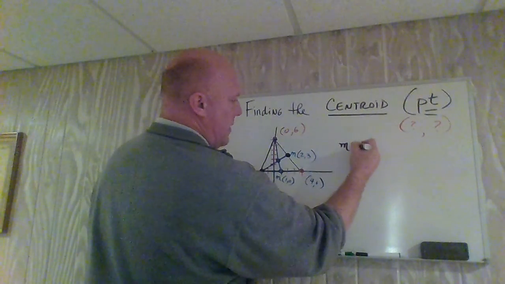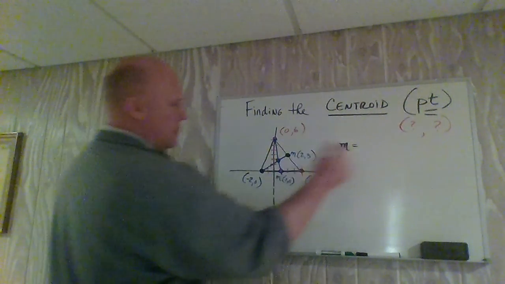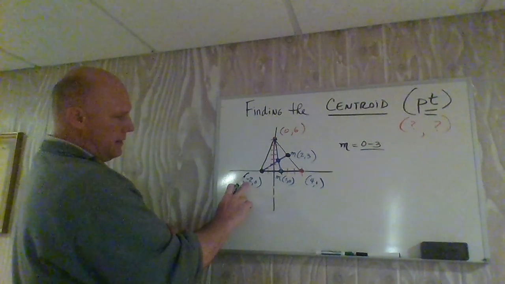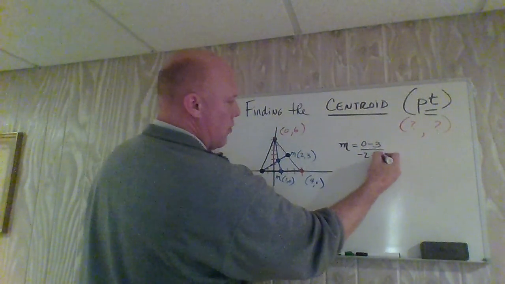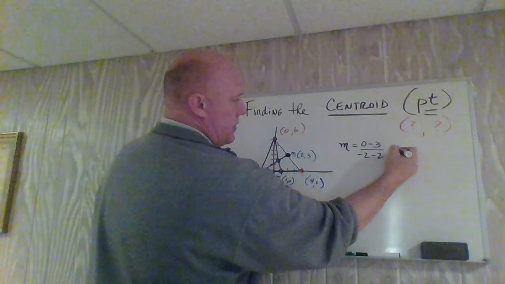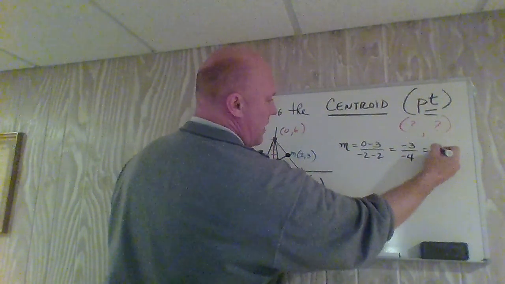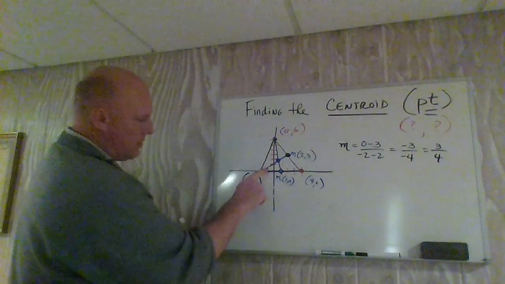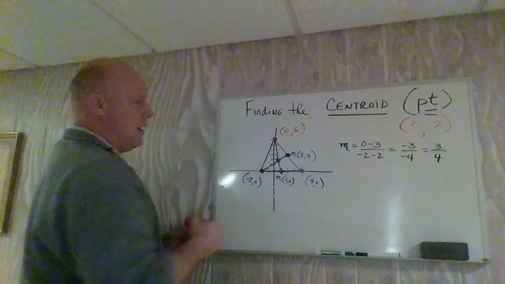We take the y coordinates, subtract them, and then divide by the difference of the x coordinates. Make sure you subtract them in the same order, -2 minus 2. So the slope would be -3 over -4, which would be 3/4. Again, we're talking about the slope of this segment here, and that makes sense because it's rising.